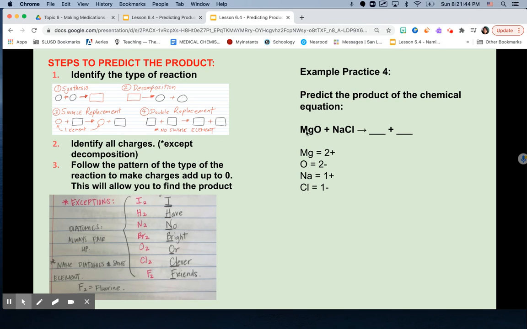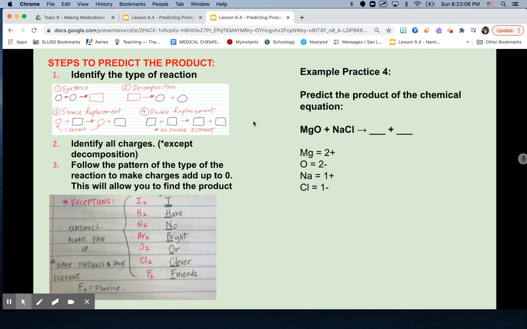Here, I don't have any elements by themselves. They're all paired up. And remember, a double replacement reaction is like a partner swap. So Mg is currently with O, Na is currently with Cl, and they're going to switch who they're with.